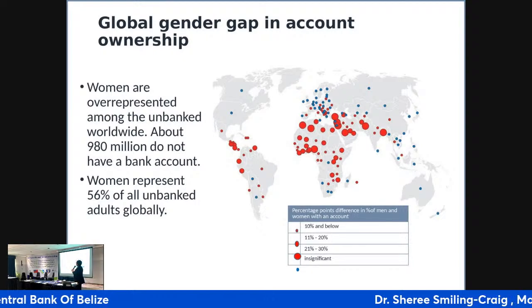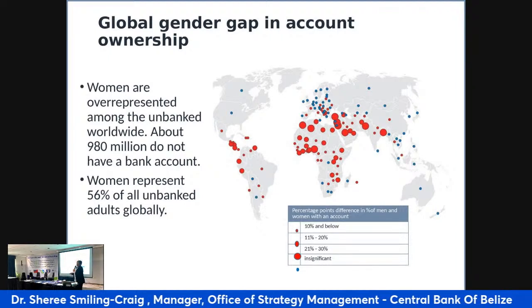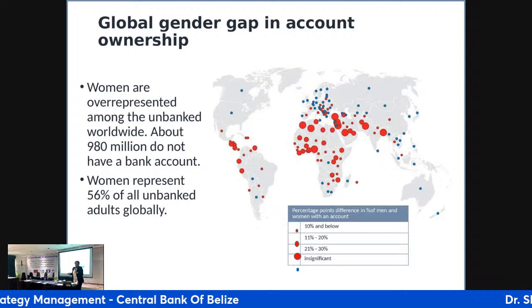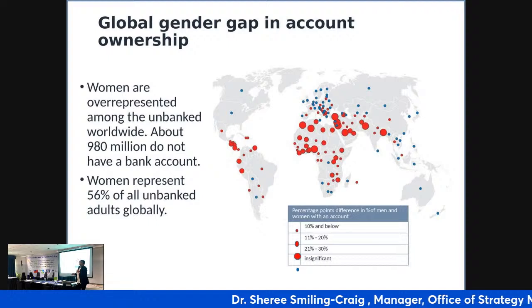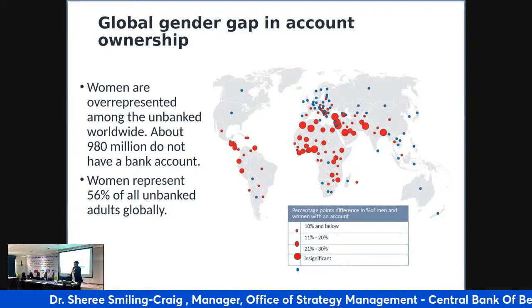So the developed countries have no significant gap between male and female access to financial services. And then when you get down to a 21 to 30% gap in transaction accounts and in financial access, you see that the developing countries are the ones who are struggling to get women included. So that's a global scene.